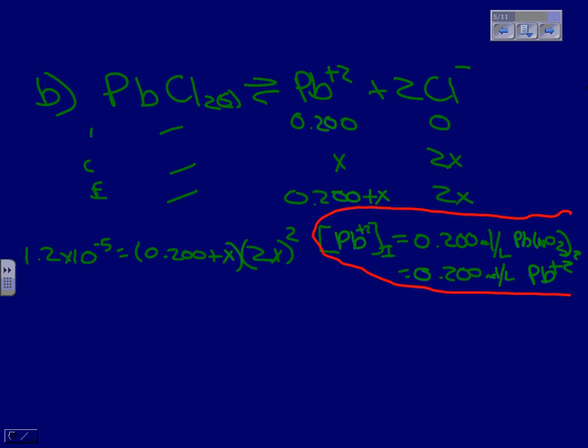What do I use? If I can't take a square root or a cubed root, and I can't solve for x cubed, what do I have to do? Yep, Matt? I have to check for the approximation. So let's check for the approximation. How do I check for the approximation? Matt?